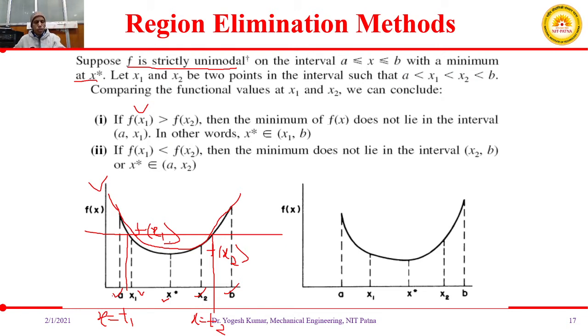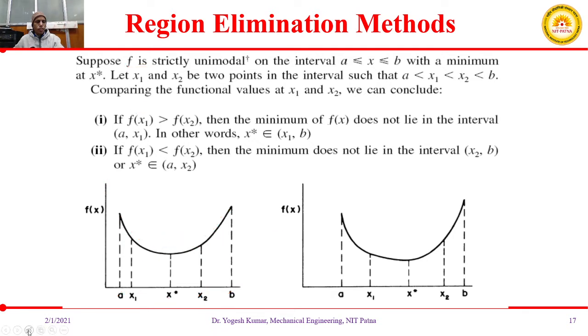Let me tell you how we can utilize this property. Let me erase all. So we say the value of your function f(x) corresponding to x1 is f(x1), and corresponding to x2 is f(x2). So what will happen?